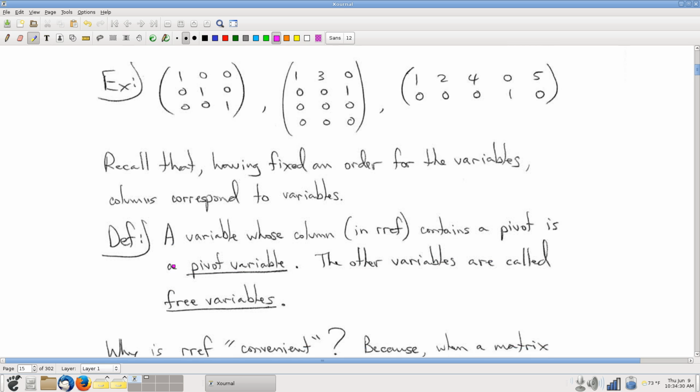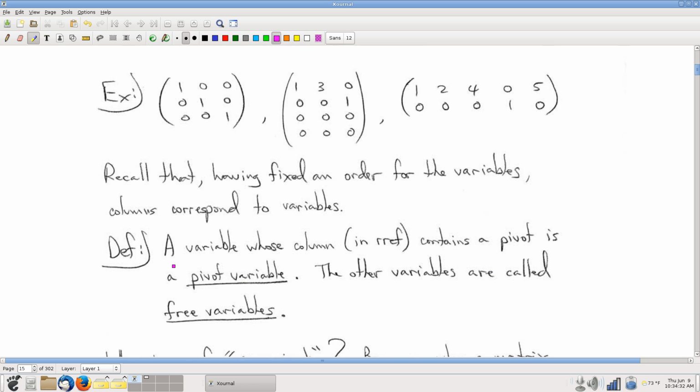A little bit of terminology. Keep in mind we've talked about pivot columns. If a column contains a pivot, that's a pivot column. Don't forget that columns correspond to variables. In our matrix shorthand, a column is where we put all of the coefficients for a given fixed variable.